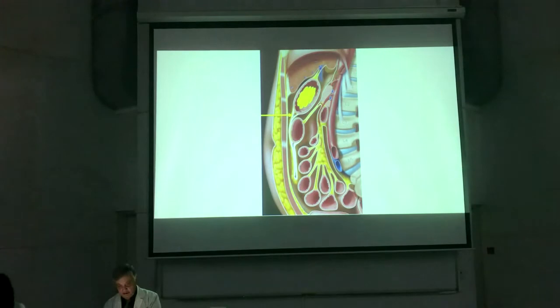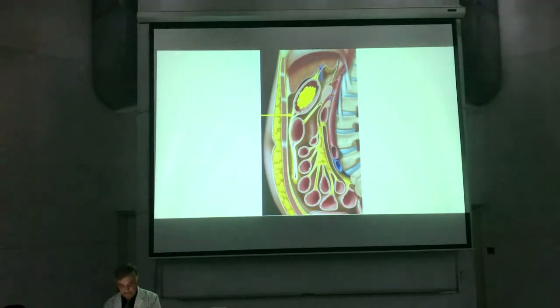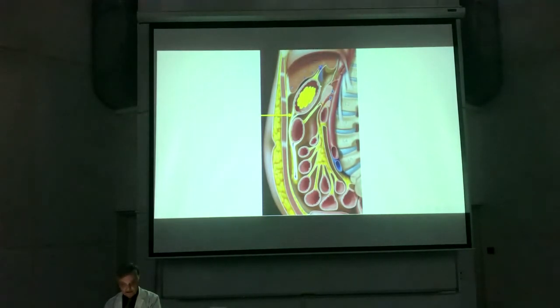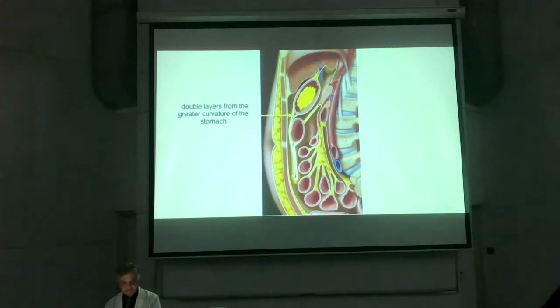Now, this layer of peritoneum covering the stomach plus this layer of peritoneum covering the posterior surface of the stomach, they meet. Okay?